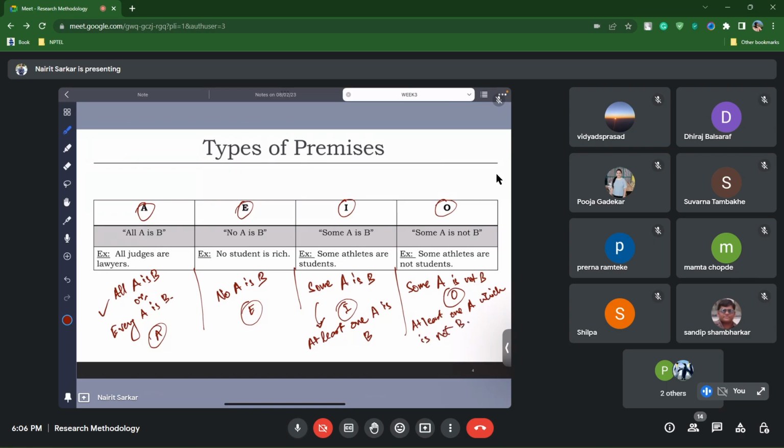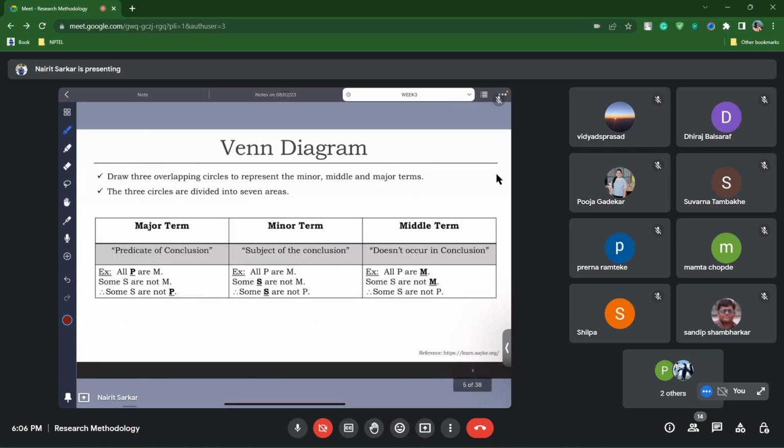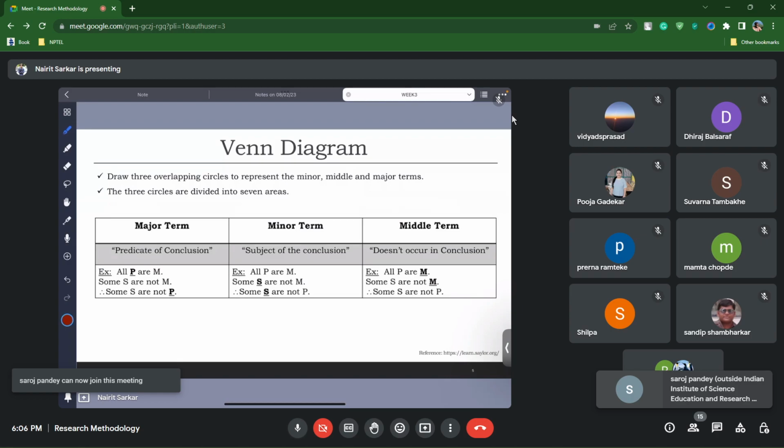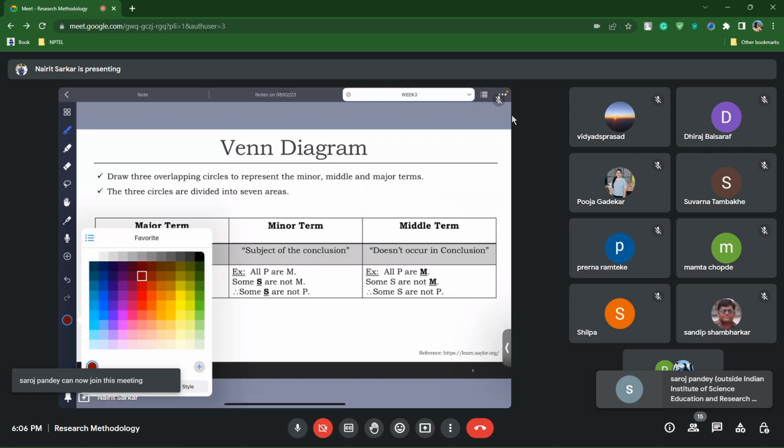Okay, everyone? Anyone having any confusion regarding AEIO? No? Okay, then we will start with Venn diagram.